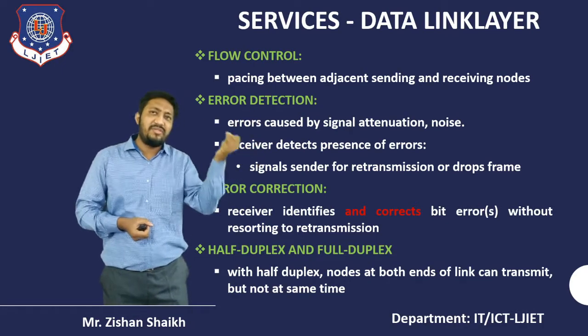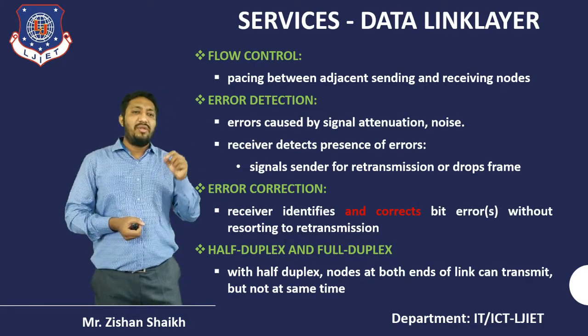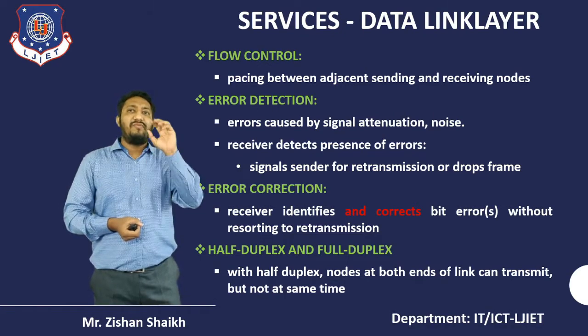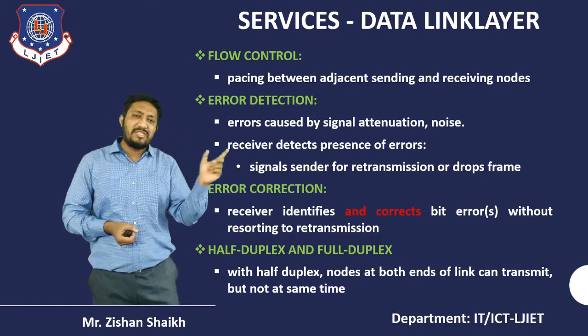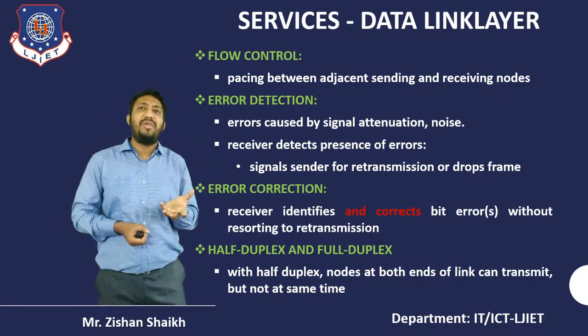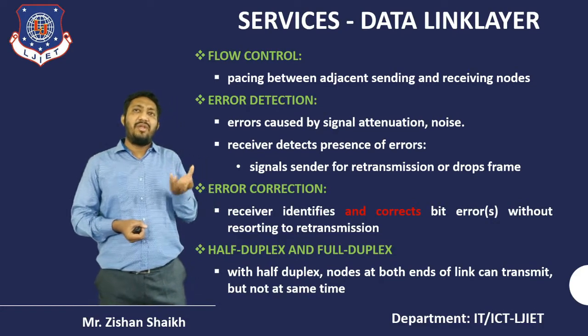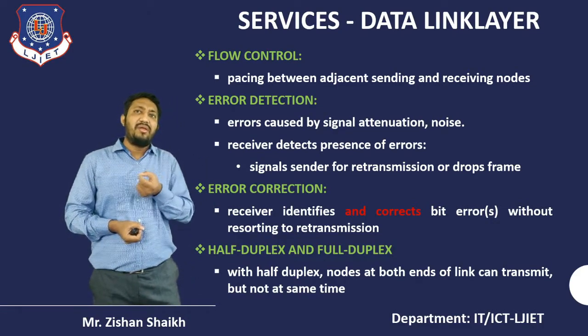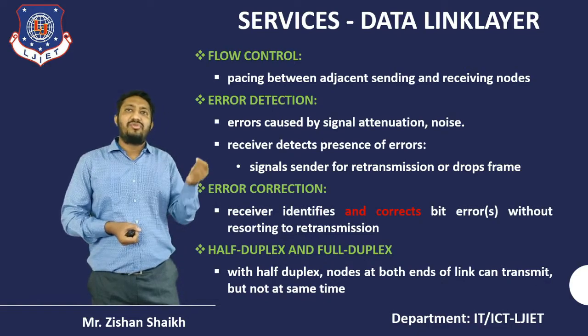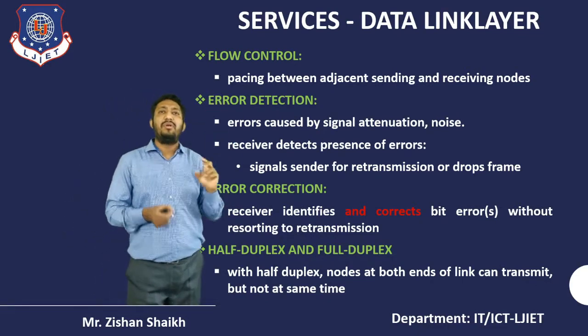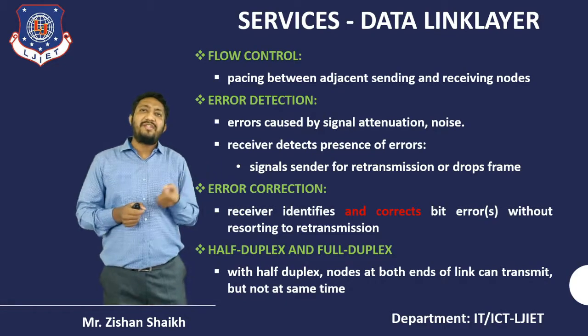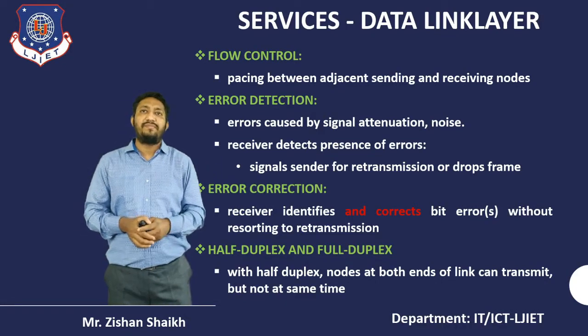But if the receiver is not capable, then what happens? That is the responsibility of source and destination. Before transmitting the data, they know each other's particular speed of that data link. So flow control helps to pace the data rates between source and destination.